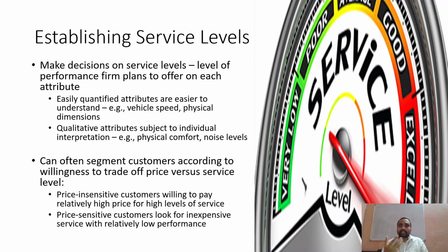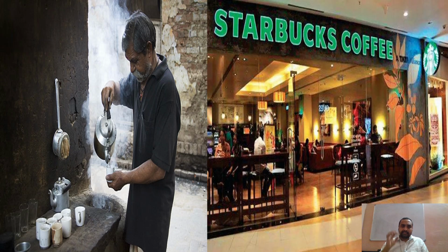When I'm booking hotel rooms on OYO, if I can get some concession on the room rent, I'm willing to forego the complimentary breakfast. So I'm a price sensitive customer, right? Now going ahead, just see, I can get a coffee here on the left side of the picture. I can get a coffee at Starbucks as well. A price insensitive customer would definitely like to visit Starbucks, where he is willing to pay more for getting that world class service, world class ambience, free Wi-Fi.